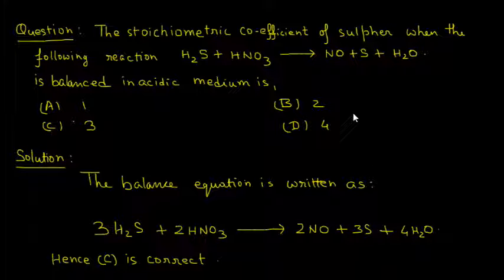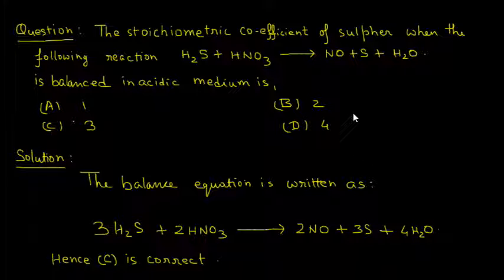The stoichiometric coefficient of sulfur when the following reaction H2S plus HNO3 gives NO plus S plus H2O is balanced in acidic medium is: option A 1, option B 2, option C 3, and option D 4.